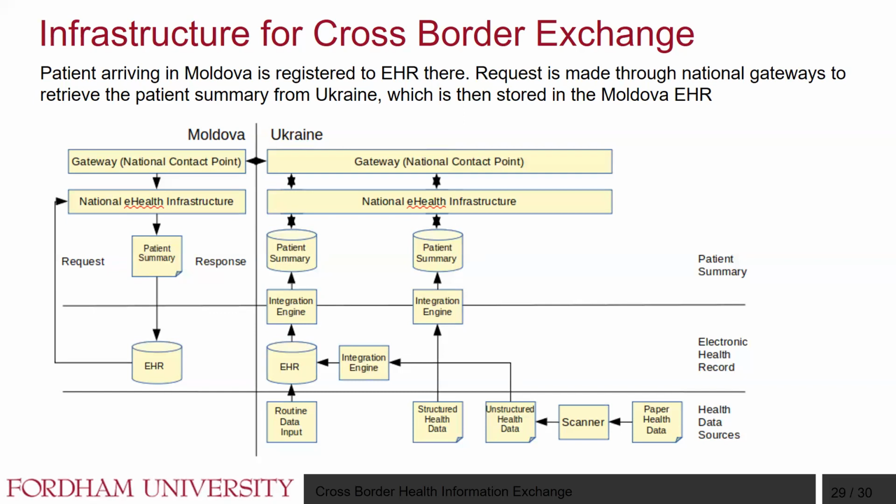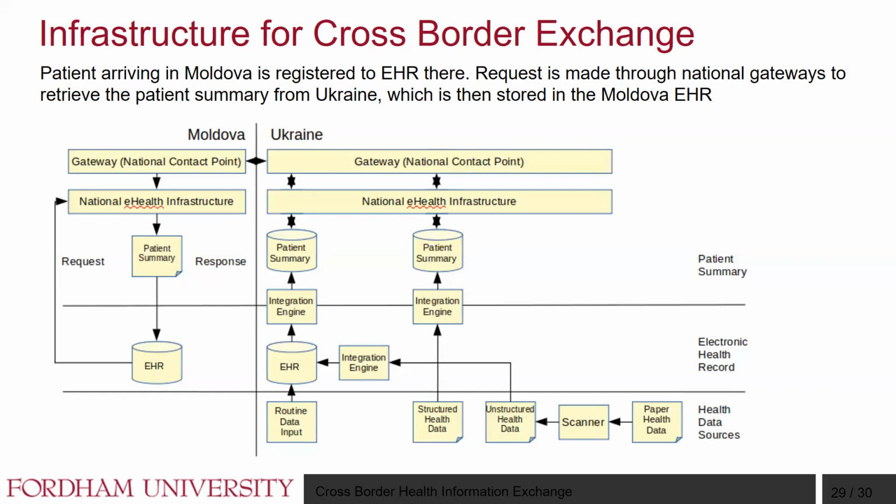So you have to have alignment for just the permission to exchange information. You have to have some national eHealth infrastructure, which neither country has to the degree which is needed for exchange at the top level.